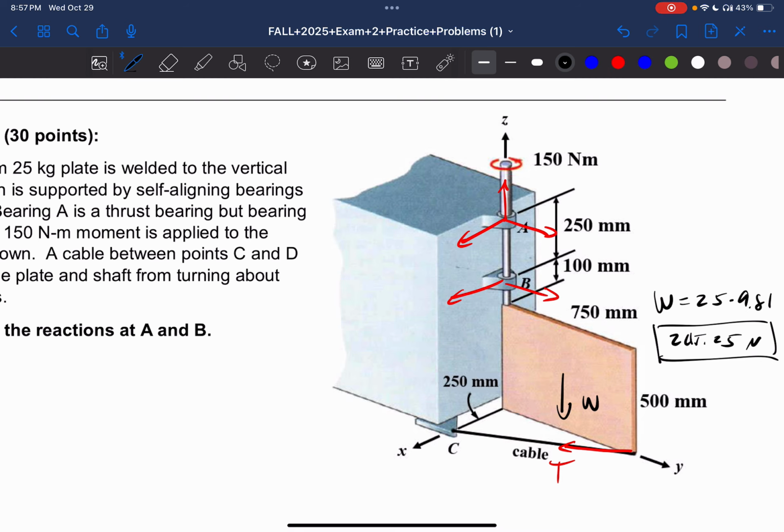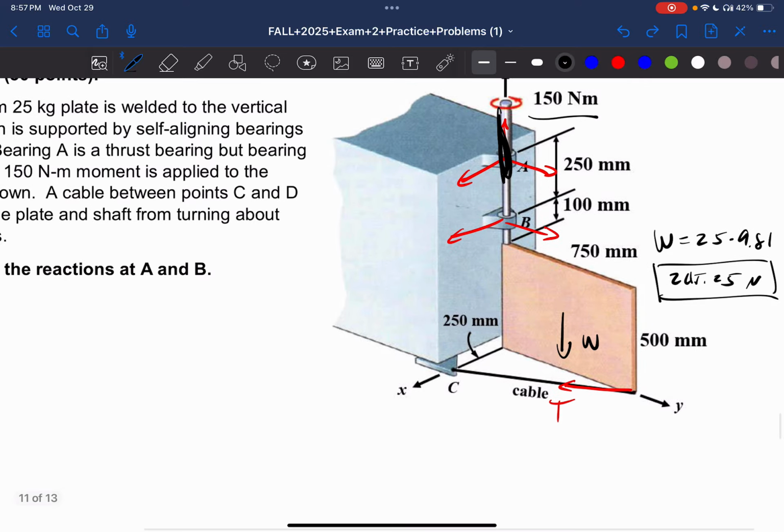Okay, if we look at A, and then we do a moment about the z-axis at A, we're going to have this, which is known. None of these will come into any effect. This is not known. Okay, so then we can find the tension.